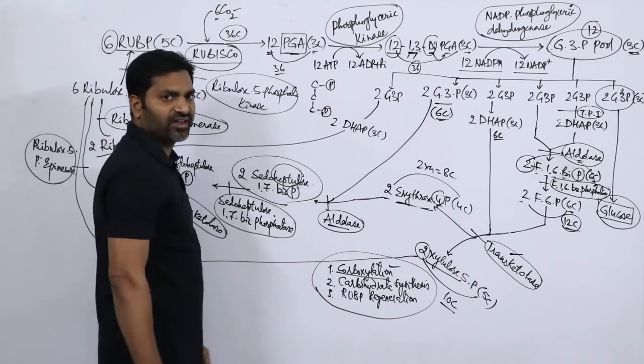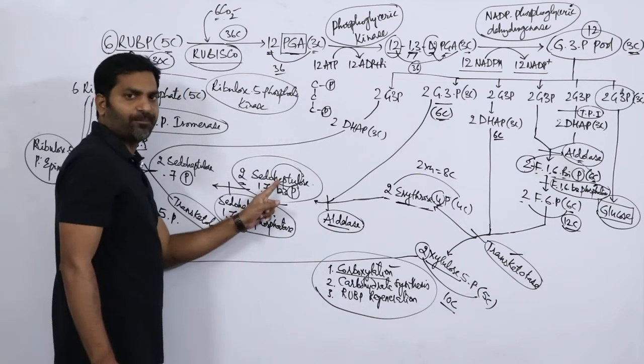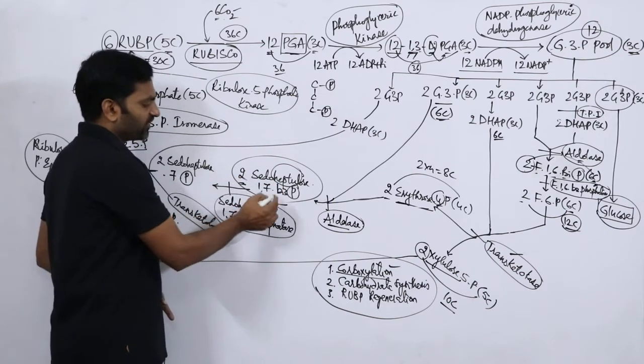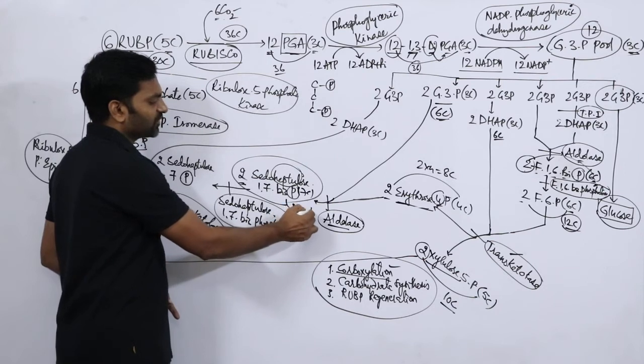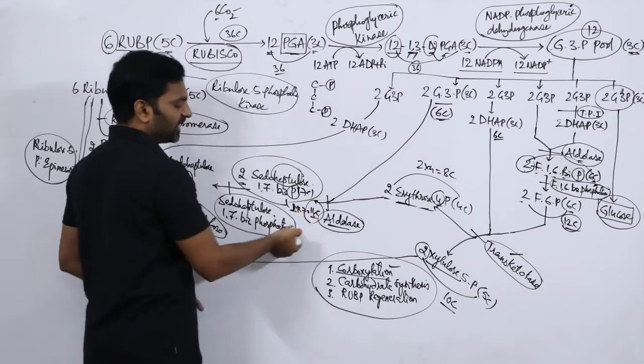Hepta indicates how many? 7. So 2 molecules of a 7 carbon compound are formed. So 2 into 7 is equal to 14 carbons. So 8 plus 6, 14, tallied.